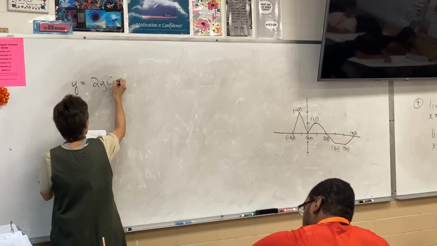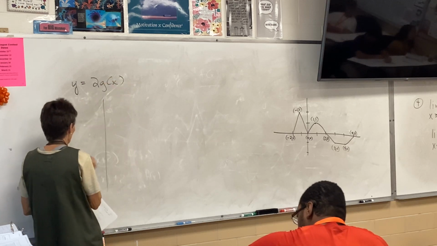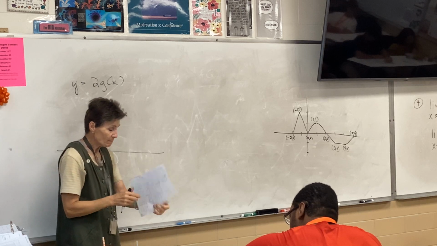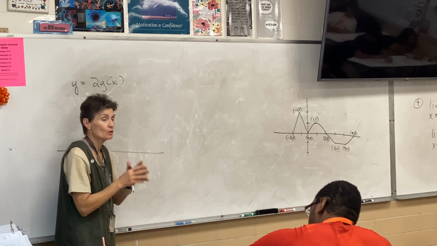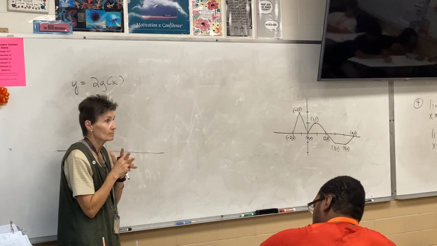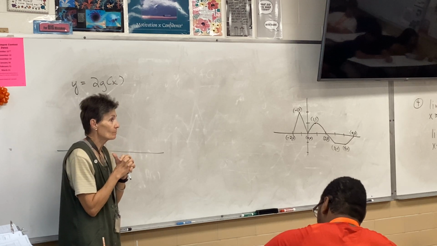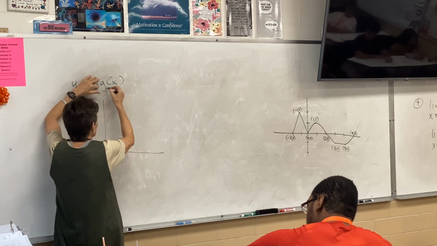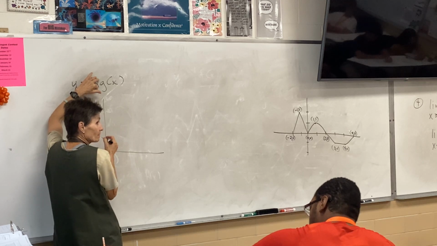Who can tell me what this is going to look like? Does anybody have any idea? This is a new thing for us. Does anyone have any idea what I'm going to do? This guy right here, do you remember that g of x is the same as y?